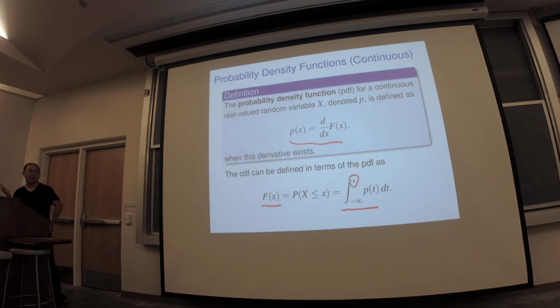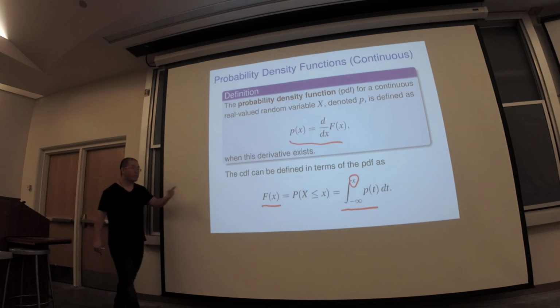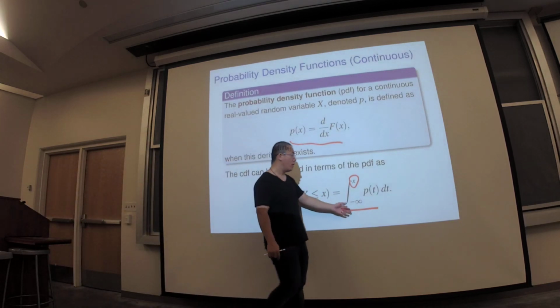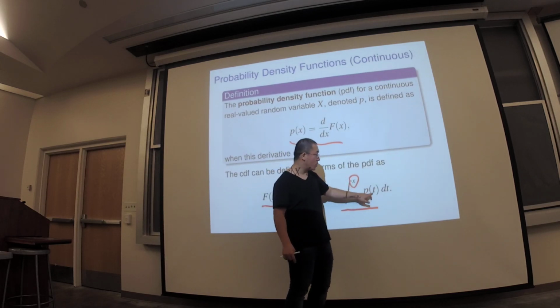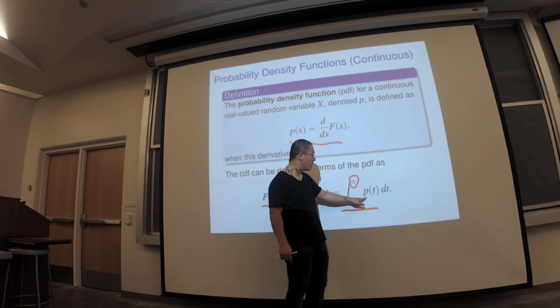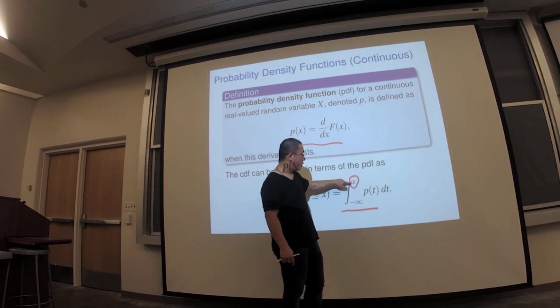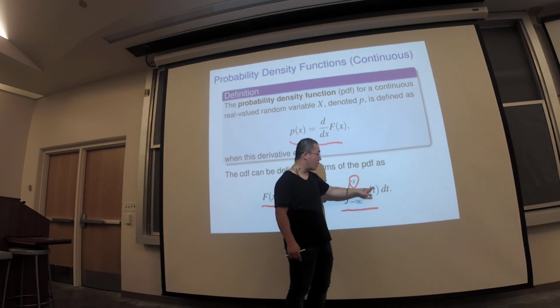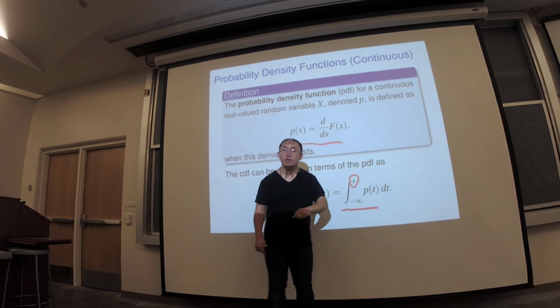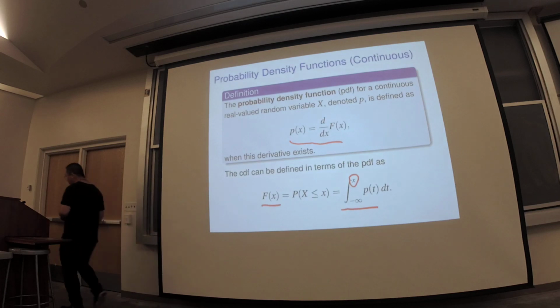So according to the definition of calculus, if you take a derivative of this integral function, it is equal to substituting this upper limit for the input of the integrand. So this is basic calculus.